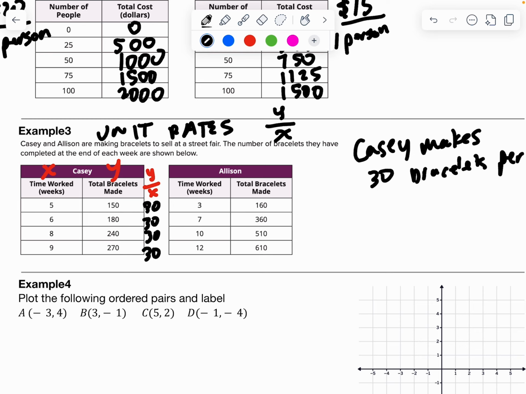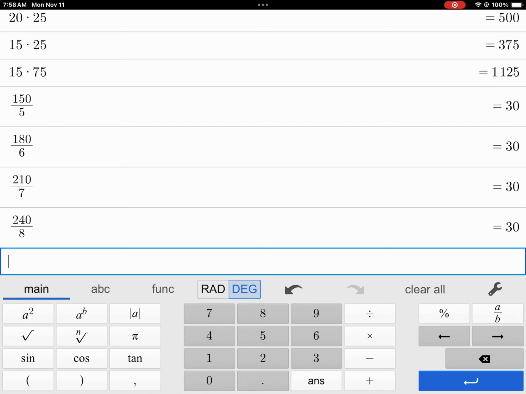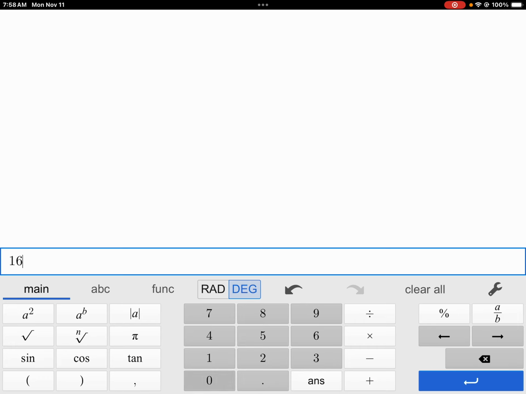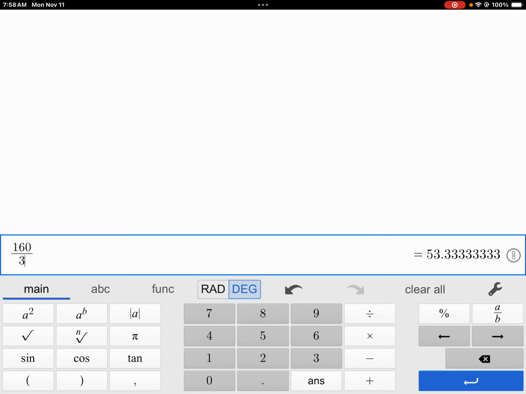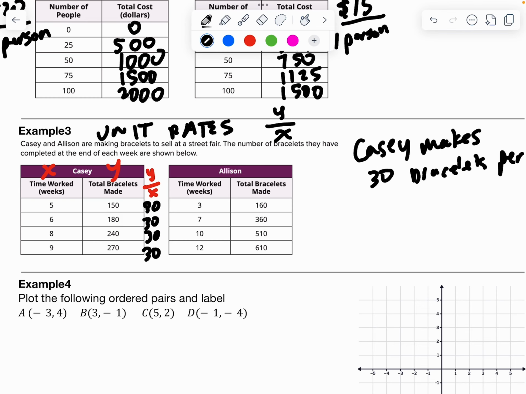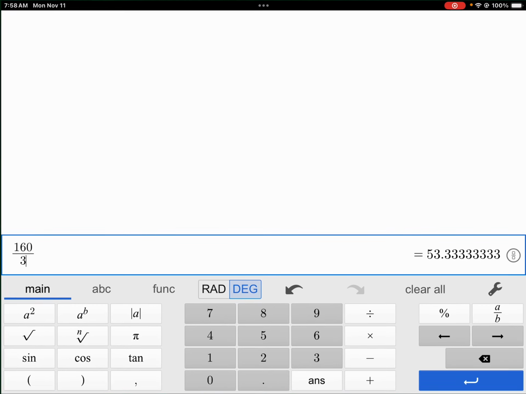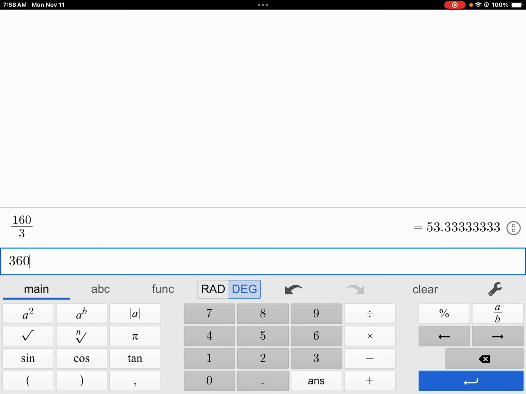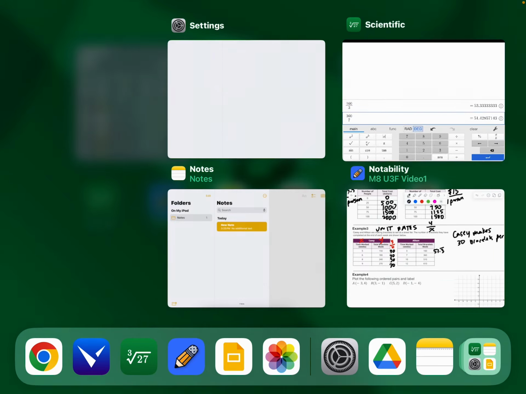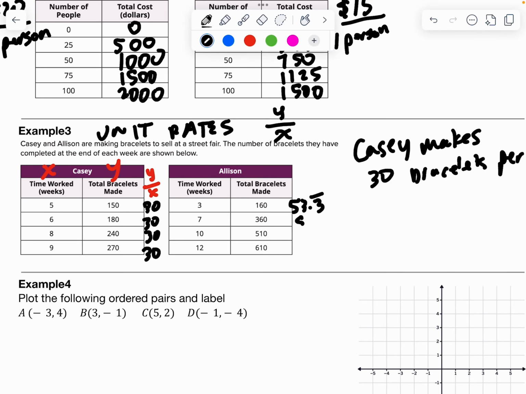So let's do 160 divided by 3. I'm going to clear this out. 160 divided by 3. I'm going to go a little slower on this. So there she made 53 1/3 bracelets an hour. Then we're going to do 360 divided by 7, which is 51.4 bracelets.